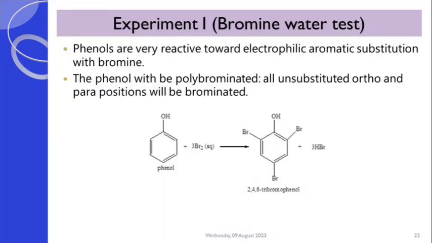The next experiment which we can use to test for aromatic alcohols is the bromine water test. In this instance, from the theory that you have done for this course, you'd realize that phenols are very reactive when they come into contact with bromine. This is through electrophilic aromatic substitution.